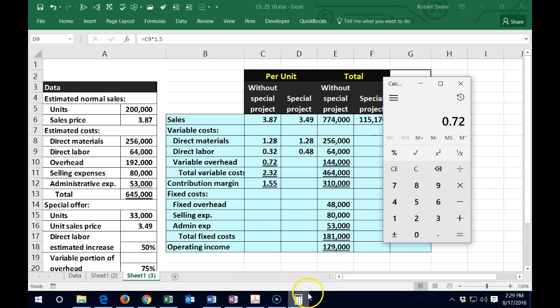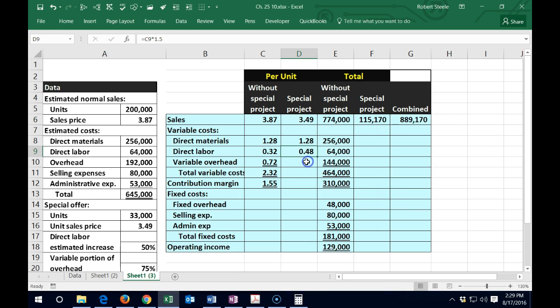And if we were to put that in a calculator, you could think about it this way: 0.32 times 0.5 plus 0.32. Or we could think of it as 0.32 times 1 plus another 0.5, 150%, 1.5, and that's going to give us the same number in the one calculation. All right, so then the overhead is also going to be the same.